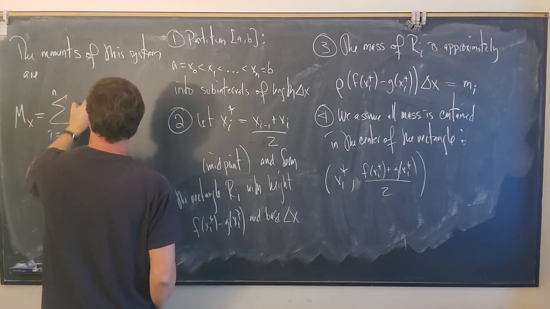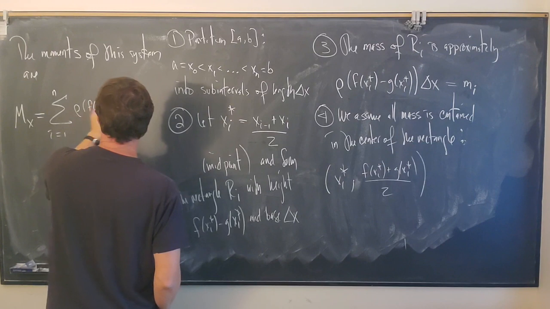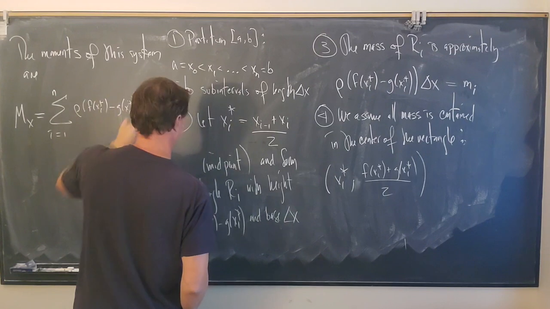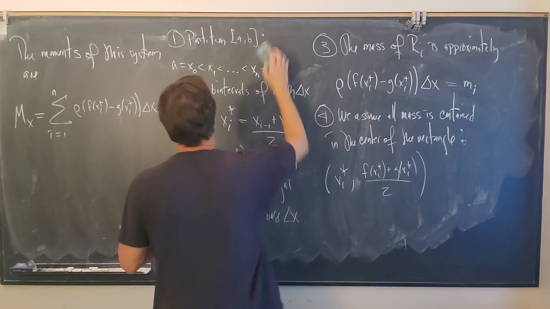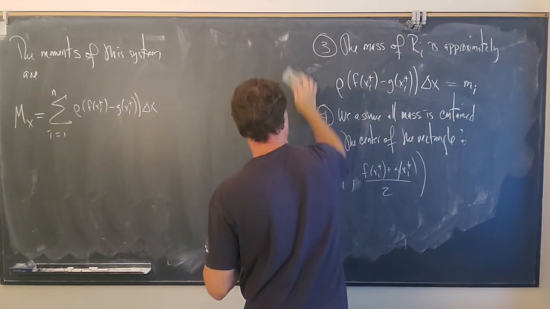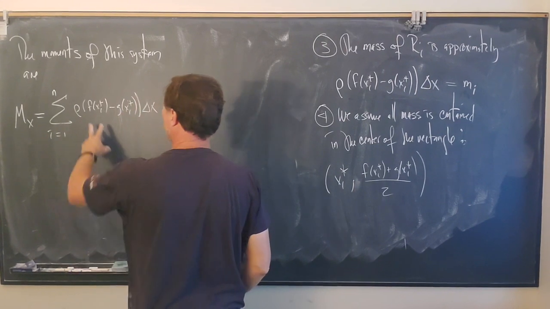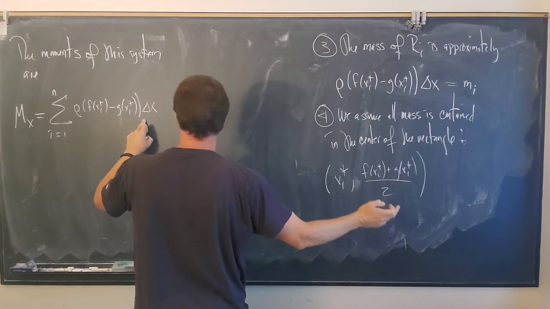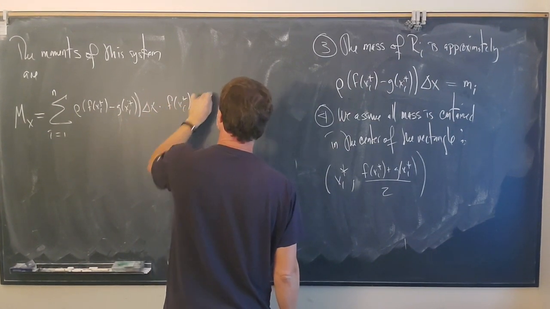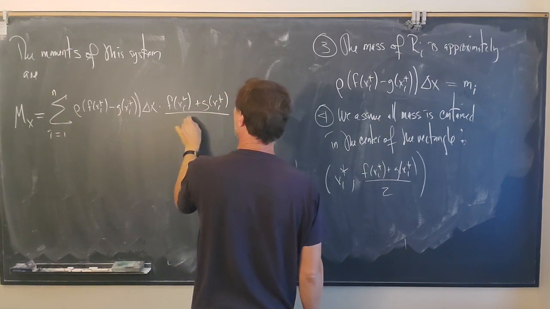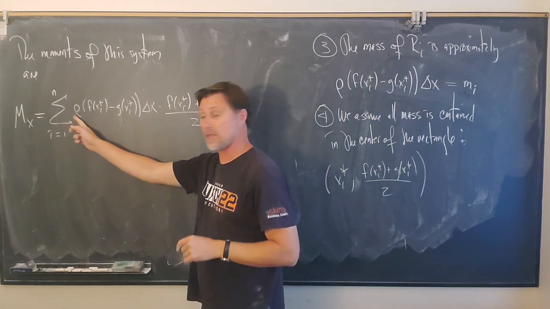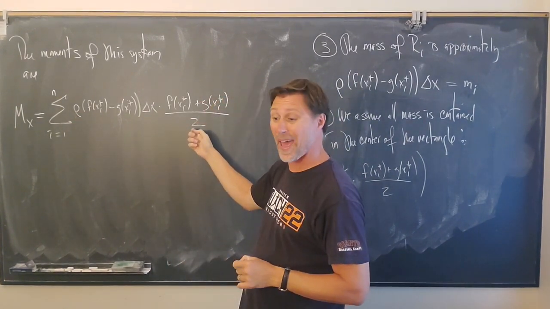Rho times f of xi star minus g of xi star times delta x. Sorry, I'm going to have to erase this part, but I guess that's all right. Times, so what do I have? I have mass, and now I need y coordinate. So there it is, times f of xi star plus g of xi star divided by 2. And I want to clean this up a little bit. I can pull rho out as a constant, and I can pull the 1/2 out also.